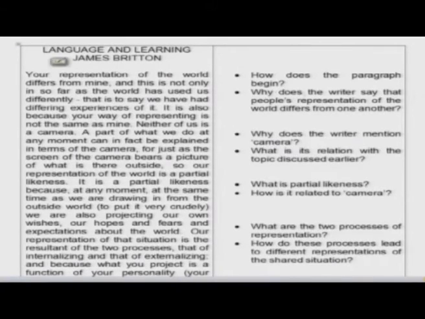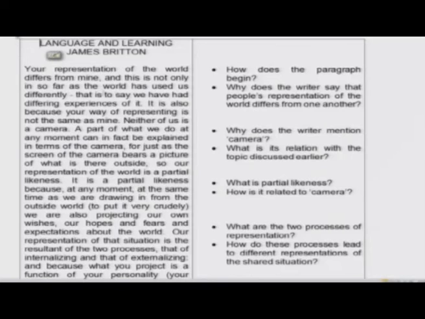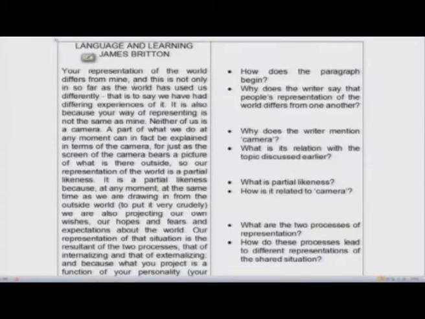Then why does the writer say that people's representation of the world differs? What are the reasons for this factor? This is not only insofar as the world has used us differently, that is to say we have had differing experiences of it. So, this is point number 1. We have had different kinds of experiences.